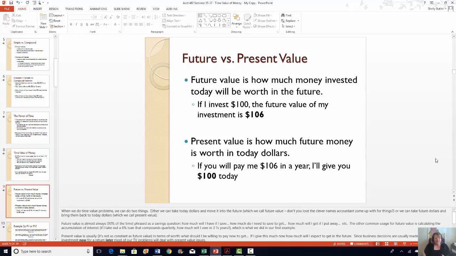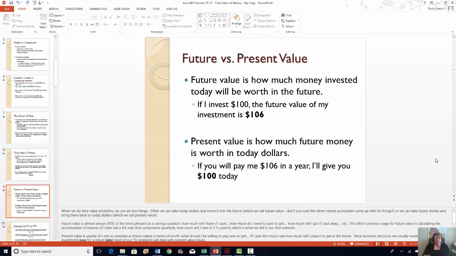And a lot of businesses, if you think about it, are making that type of decision because they want to know how much this investment is today, because they're going to buy this investment today or put this money into an expansion today.